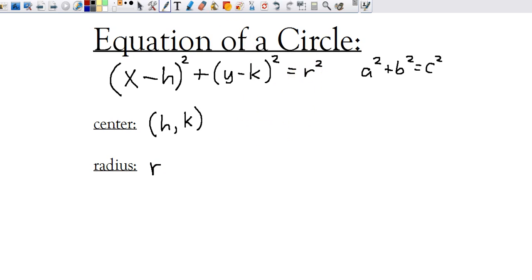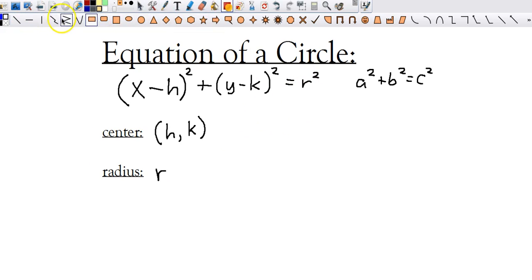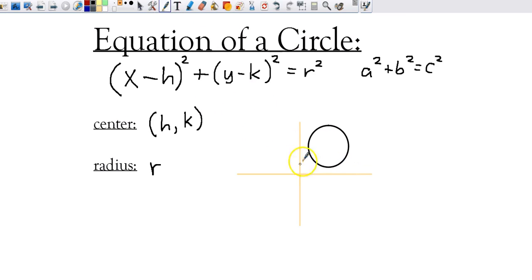So if you see a circle on a coordinate plane, wherever that circle is, the center, that coordinate will be at that point.